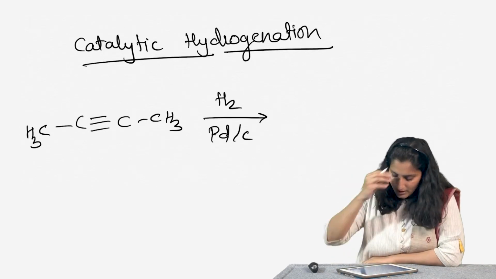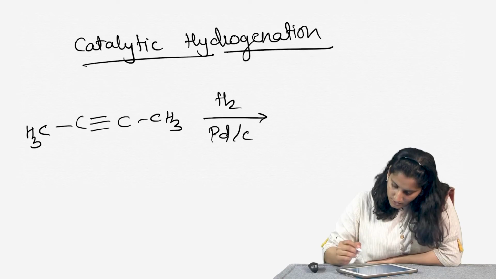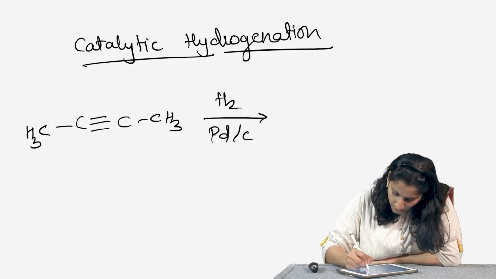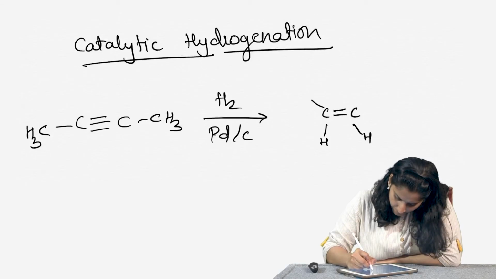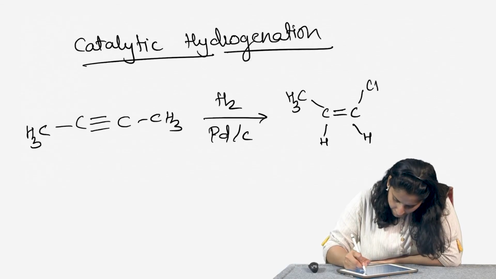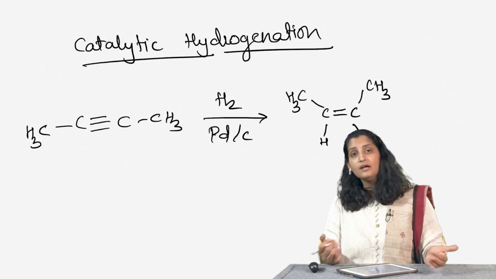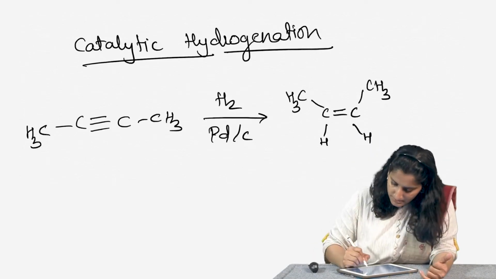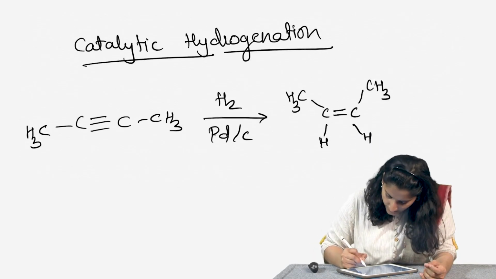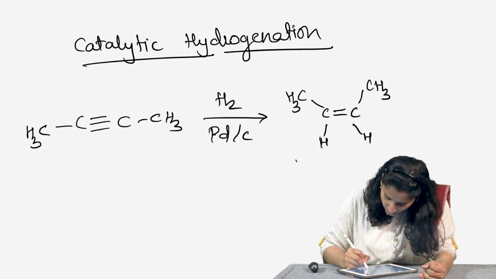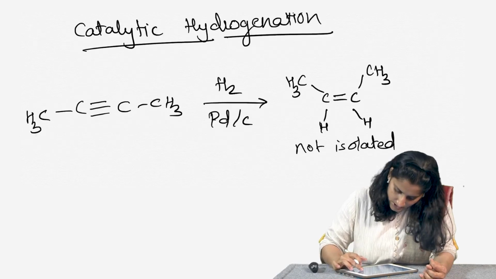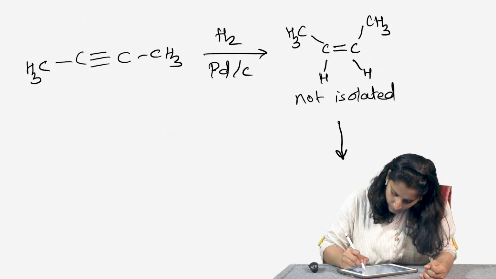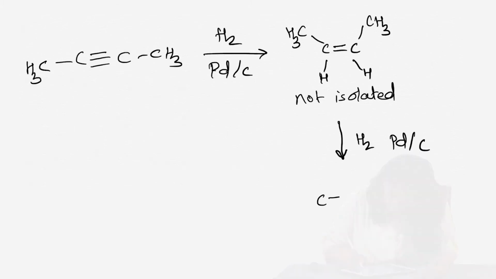okay, when I treat 2-butene with hydrogen in presence of palladium and carbon, what I form is a syn addition, okay, of the 2 hydrogens attached, but this is very difficult to isolate, and in fact I am going to write down not isolated, because this will quickly react with 1 more mole of hydrogen in presence of palladium on carbon.